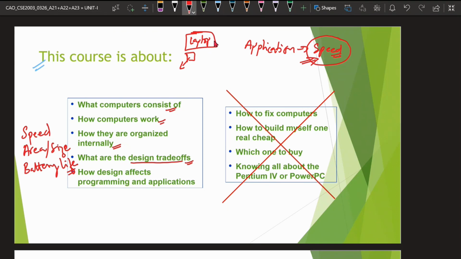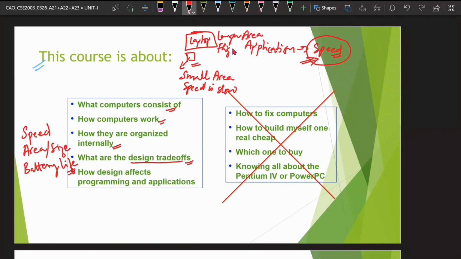That means if we need a particular application where less area is required, we will be limiting its speed. So if the area is small, speed will be slow. In terms of a laptop, if larger area is there, speed will be high.